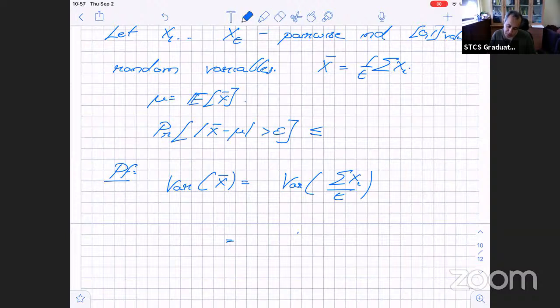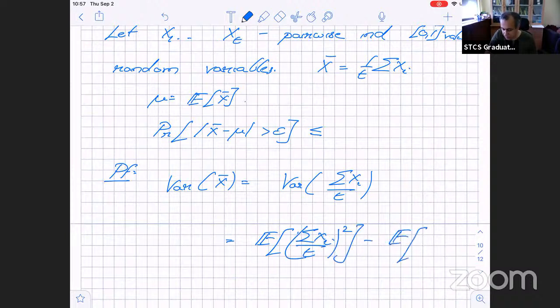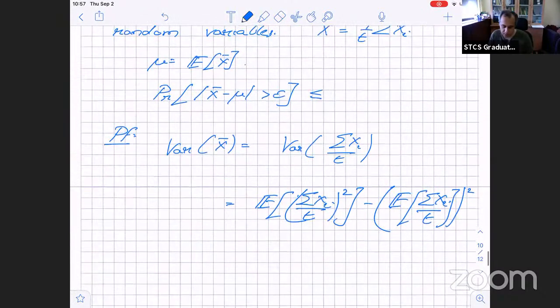This is the expected value of the summation of xi by t, whole squared, minus the summation of expected xi by t, the whole squared. Let me take out a 1 over t squared, which will come out in all of them.